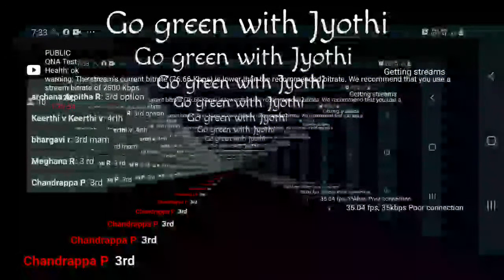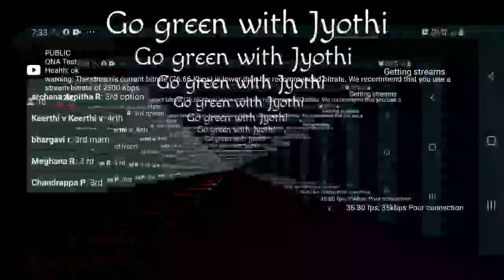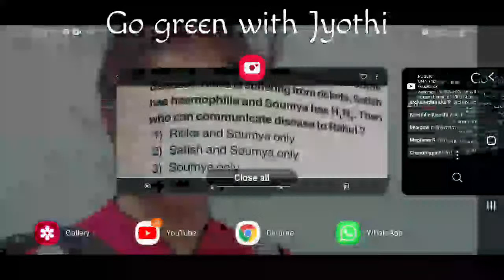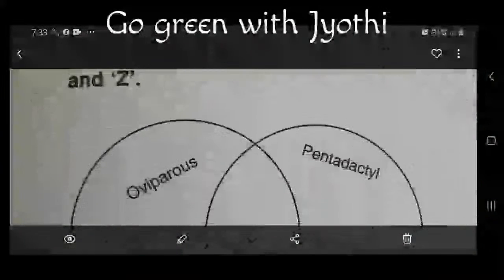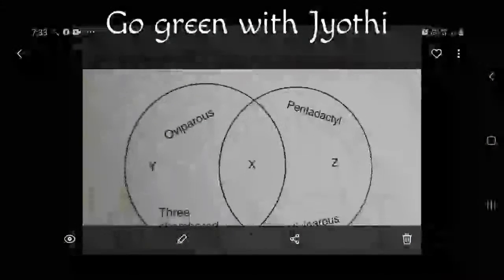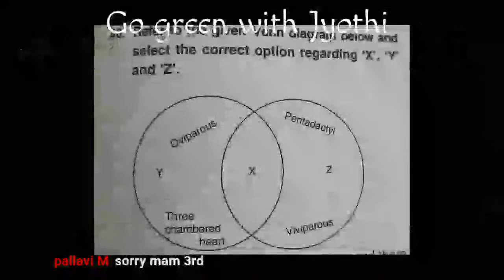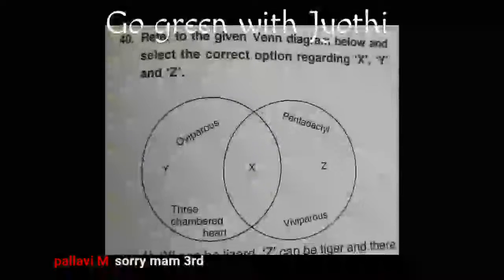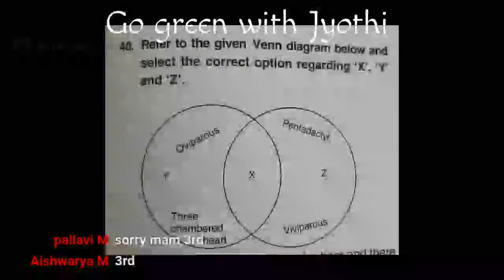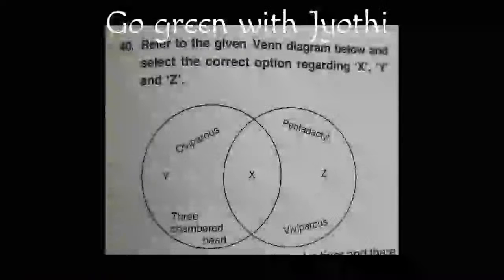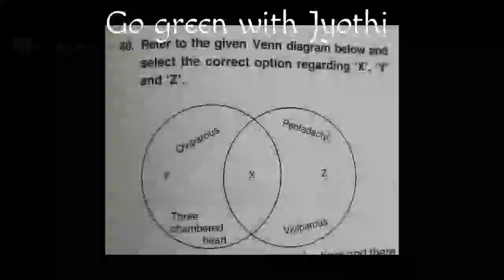Now, the last test item. Here a Venn diagram is given with three-chambered heart, egg-laying animal.